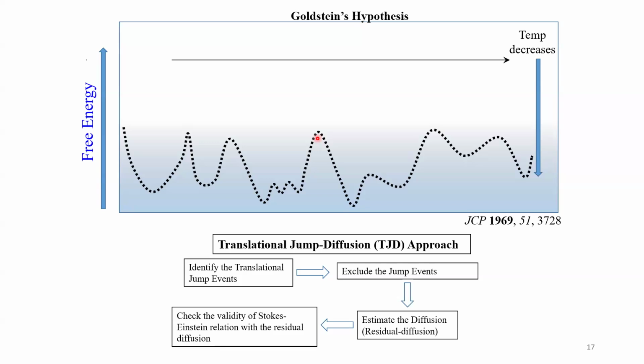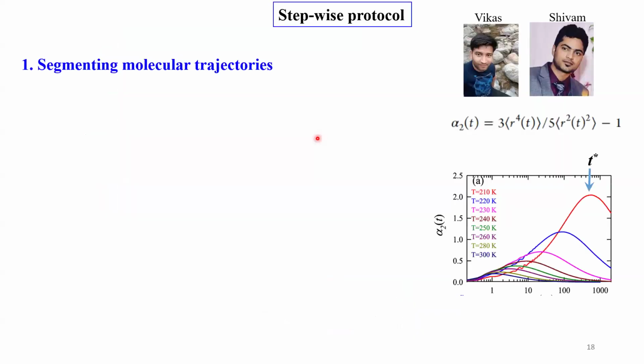Once you exclude them, you calculate the diffusions from the remaining trajectories, and you will get a diffusion. So now you check if jump is responsible, then these trajectories which are devoid of jumps, where we have already excluded the jumps, should give you diffusions which follow the Stokes-Einstein relation. Is it the case? That's what we try to investigate.